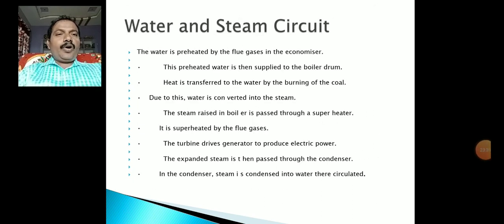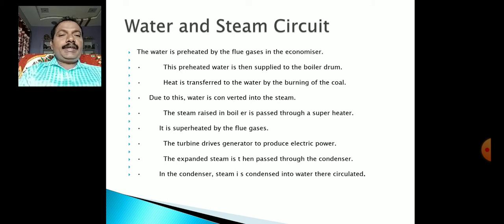Next, the water and steam circuit. In this, the water is preheated by the flue gases in the economizer. This preheated water is then supplied to the boiler drum, that is the boiler pipes.